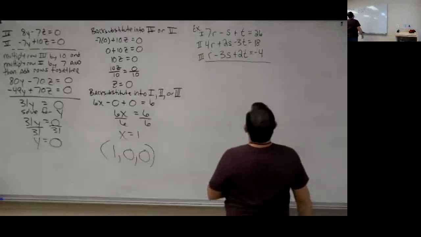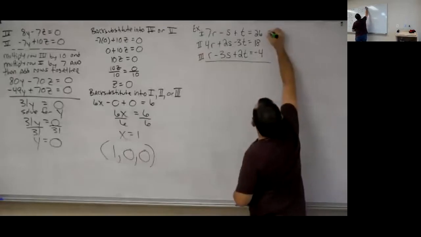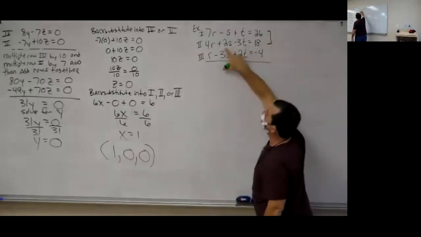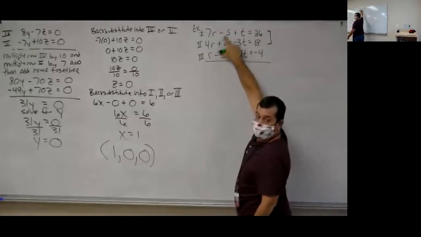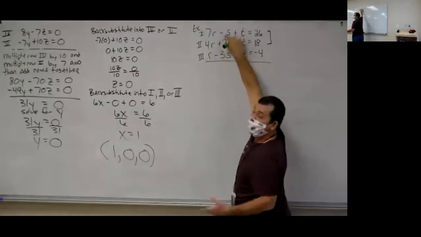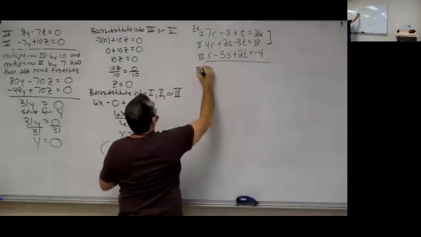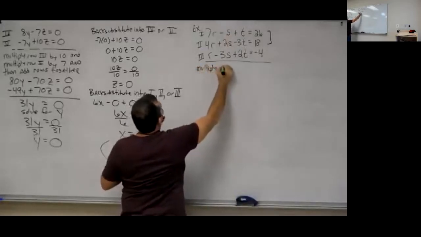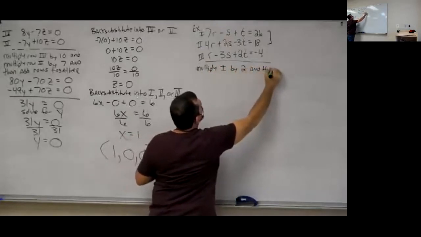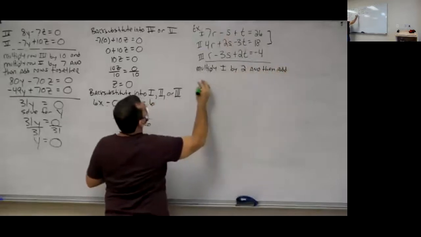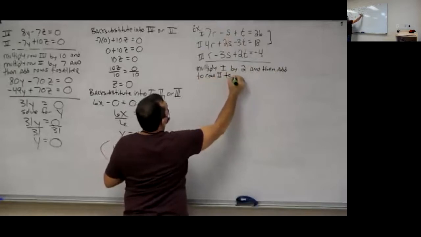So I'm going to take the first 2 rows first and eliminate S by multiplying row 1 by 2, because you got a negative 1 sitting there. If I multiply the whole row by 2, that'll give me a negative 2S that will add to the 2S and be gone. So I'm going to multiply row 1 by 2 and then add to row 2 to get rid of S.